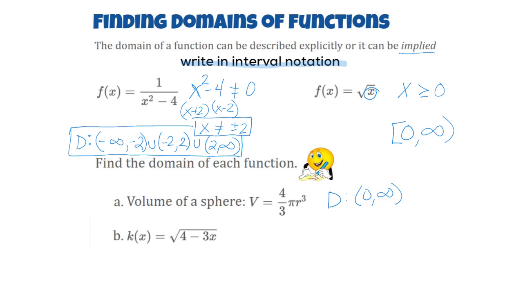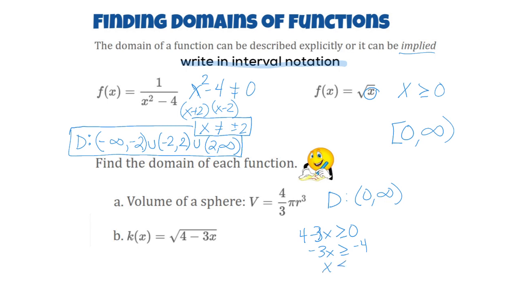Okay, this next one is the radical issue. So I want to make sure that 4 minus 3x is greater than or equal to 0. You can solve this different ways. I'm going to subtract the 4. I'm going to divide by -3.